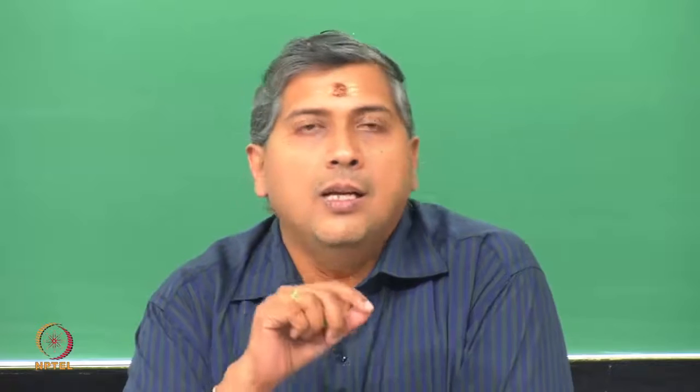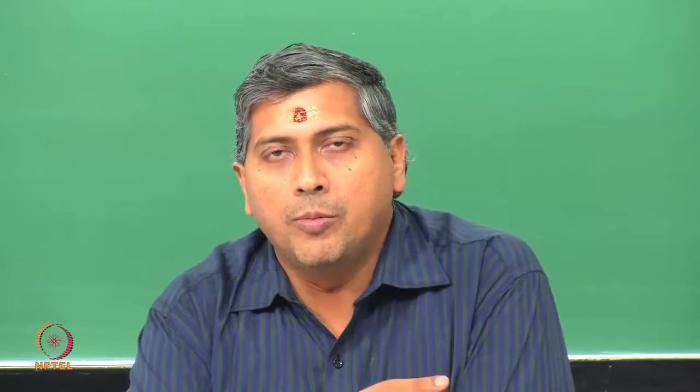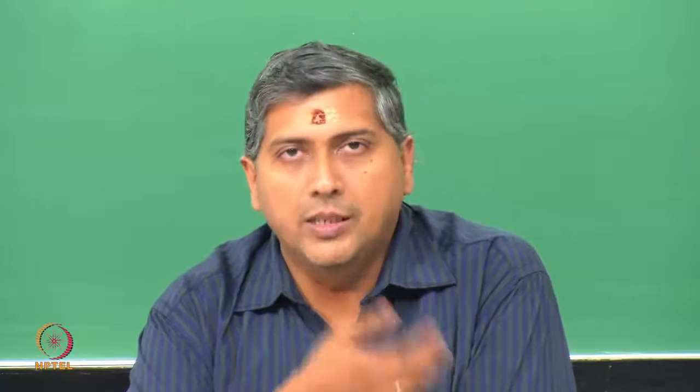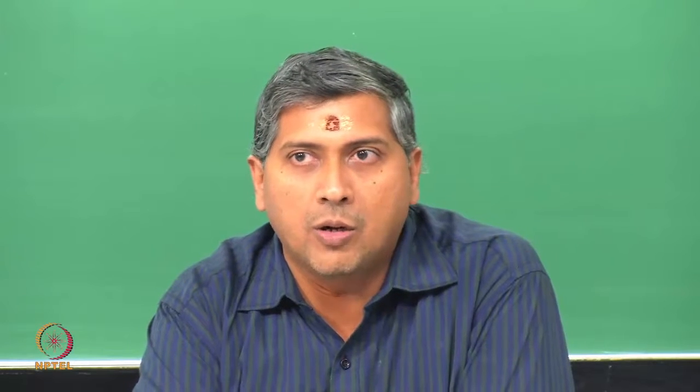Assuming that whatever has been postulated in the null hypothesis is correct, we compute the probability of obtaining the statistic as we have observed, or within the vicinity of what we have observed. If the statistic falls in a high probability region, then we do not reject the null hypothesis. On the other hand, if the statistic falls in a low probability region, we reject the null hypothesis. Of course, we do make errors in both of these, and we will talk about that.